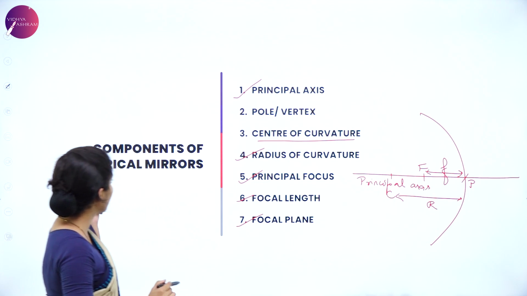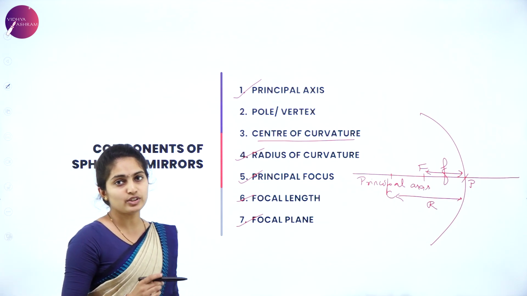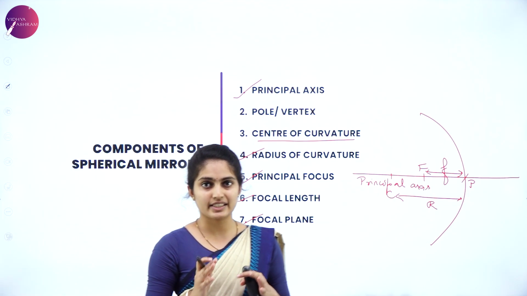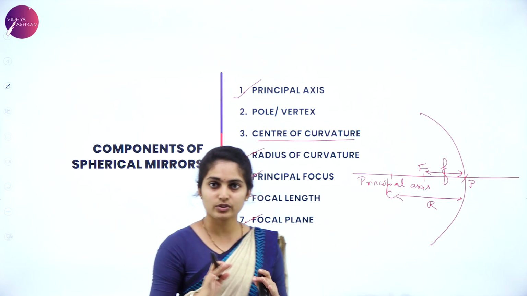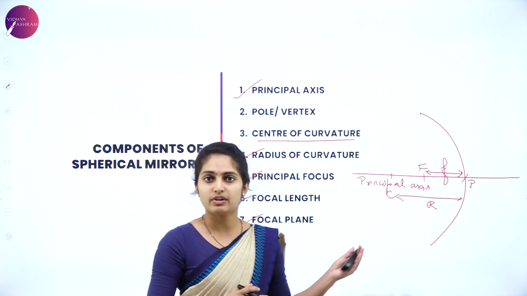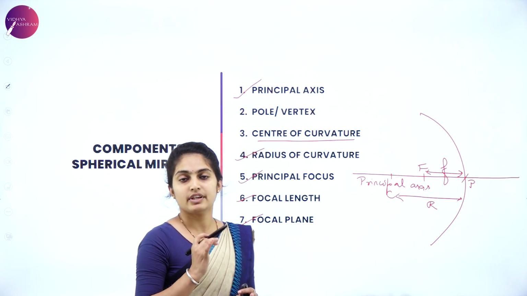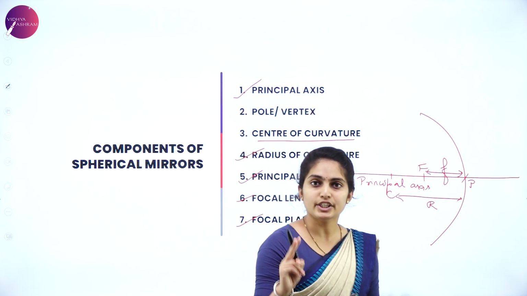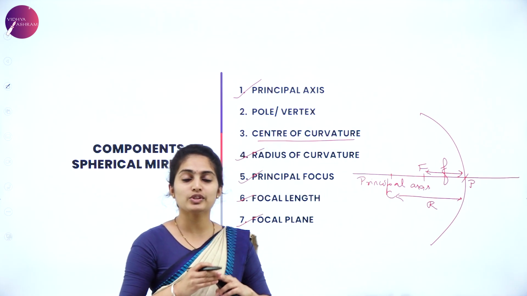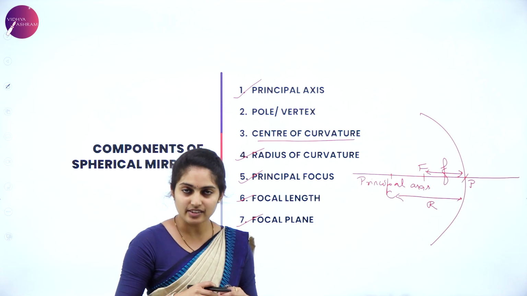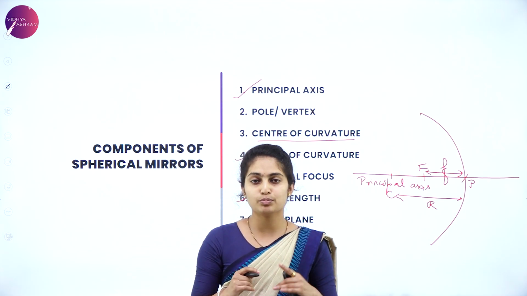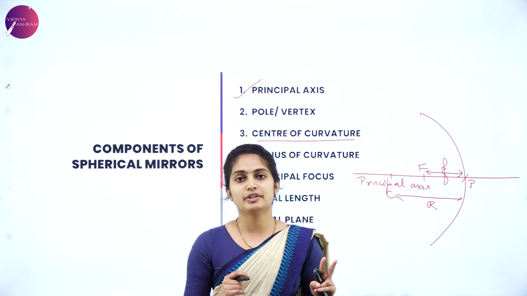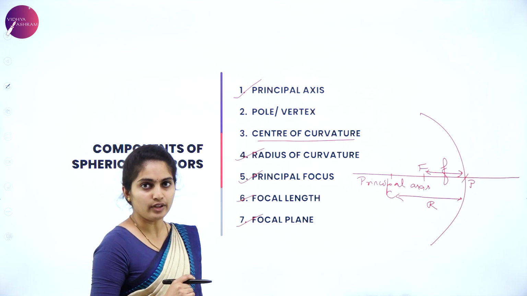That's all about the components of the spherical mirror, which you have to understand so that mirror image formation will be much easier. And remember, whenever an image has to be formed, any two sets of rules have to be considered, so that there will be a point of intersection between two rays, and that will be the formation of the image of an object.